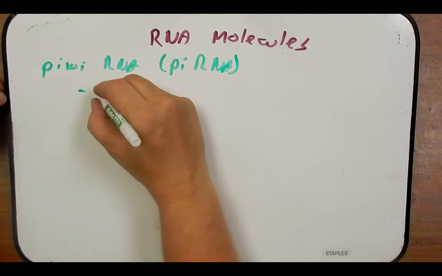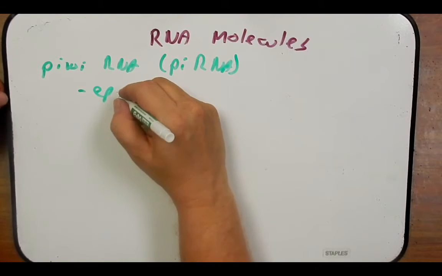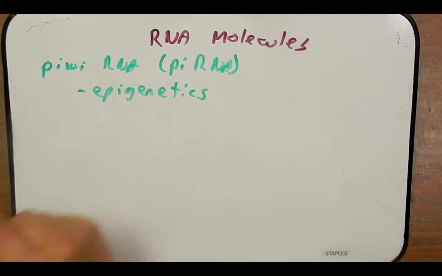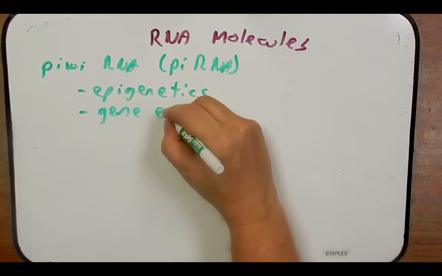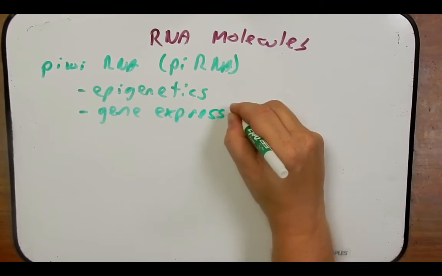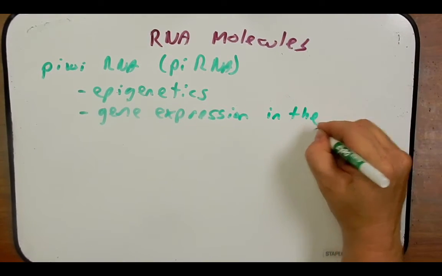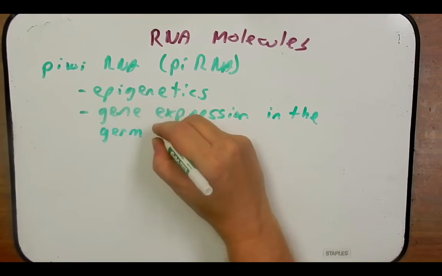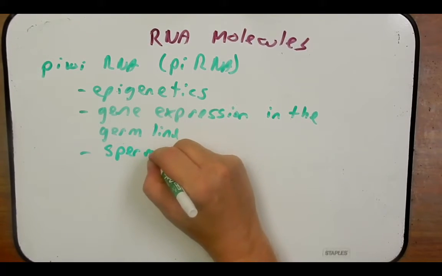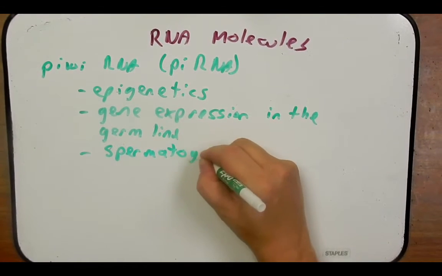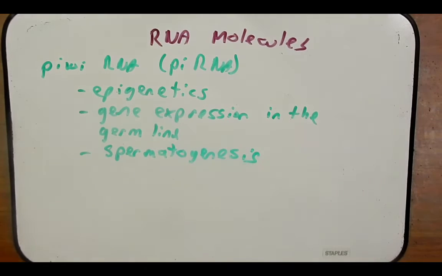And these are really important in epigenetics, maybe more so than the other ones that we've talked about, because they seem to play a role in gene expression in the germline, particularly during spermatogenesis, or at least there's more evidence there. But their goal is similar to the microRNA in that they have a purpose in degrading specific RNA targets.